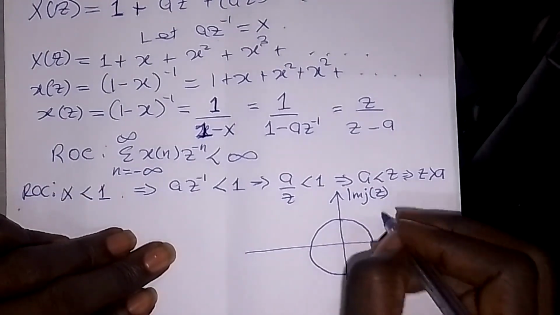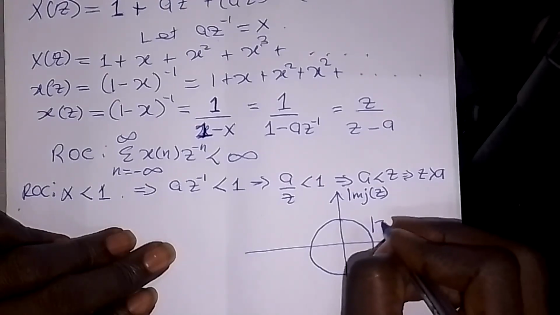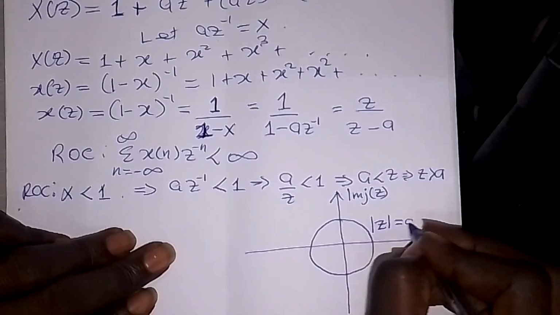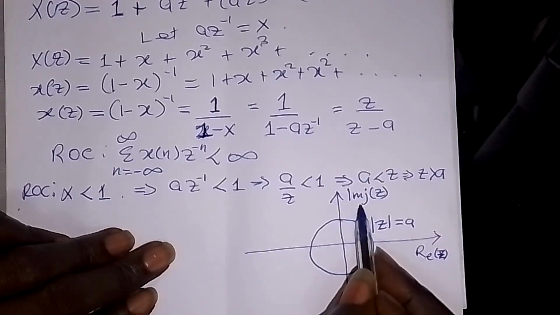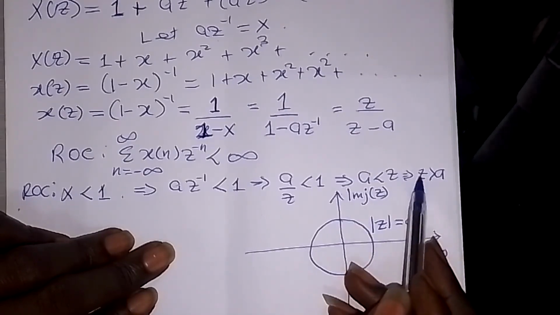But for ROC, normally we take the modulus of z. So it has a radius of a. Inside this circle, you have mod z less than a. Outside of this circle, you have mod z greater than a. And my answer I got is mod z greater than a.